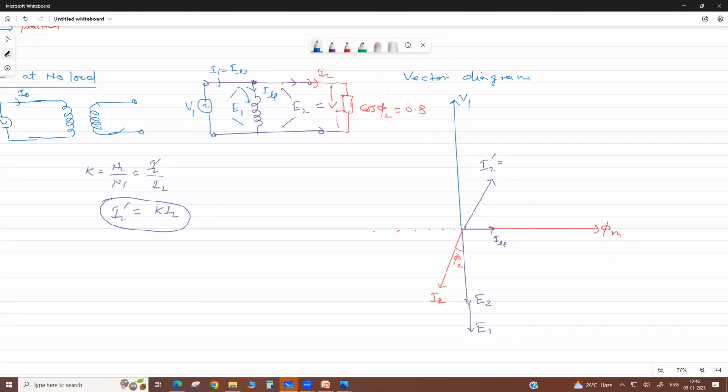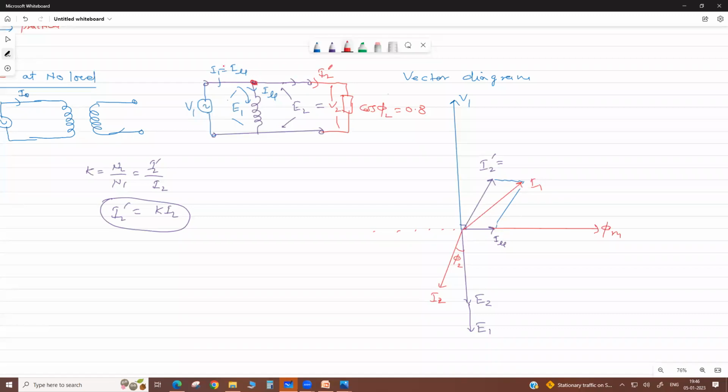Now, their vector sum. If we calculate this vector sum, it will give you your primary current I1. This is I mu, this is I2 dash. Add them, and it is I1.